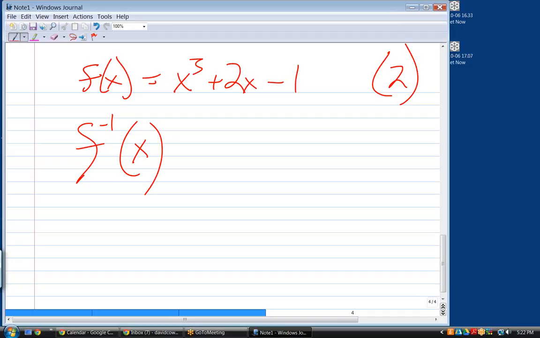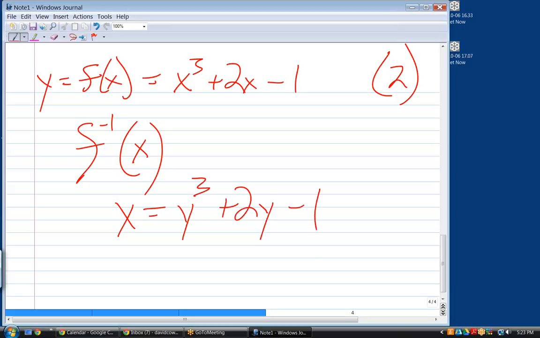It means inverse. And typically, the rules we use for solving for the inverse are rather straightforward. We switch the variables and solve for y. Well, notice what happens if I do that. In other words, if I call that y instead of f of x, and I switch the variables, I've got x equal y cubed plus 2y minus 1.